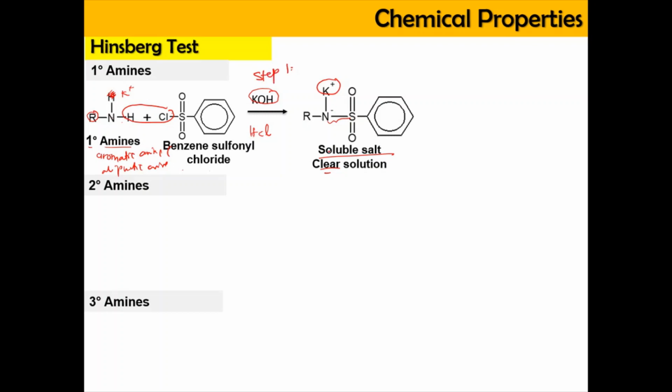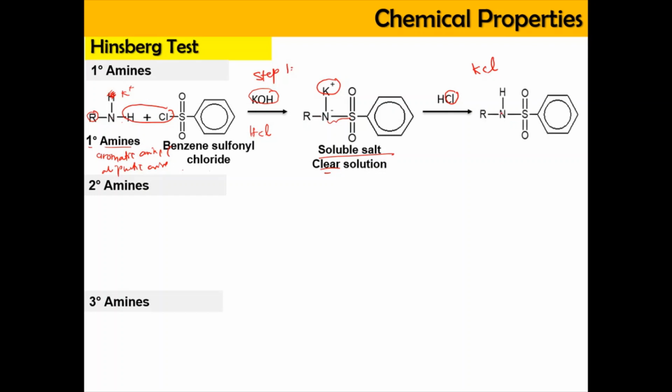For step number 2, the reaction mixture is going to be added with HCl in order to acidify the mixture. What's going to happen here is that the K plus is going to react with the Cl in order to produce KCl, and the hydrogen is going to attach to the N, so it's going to become NHR.